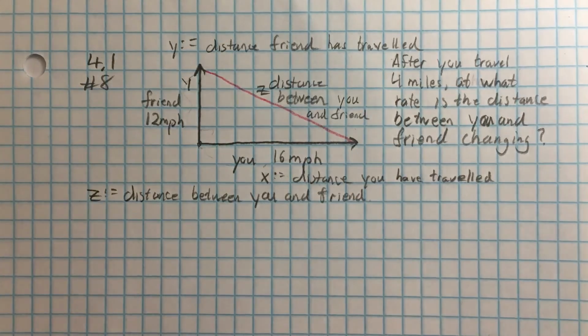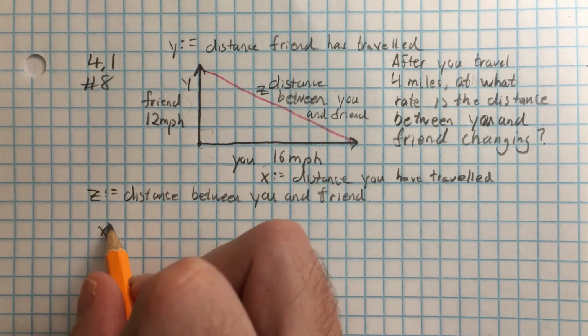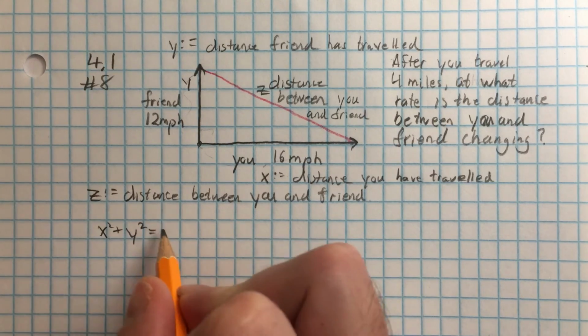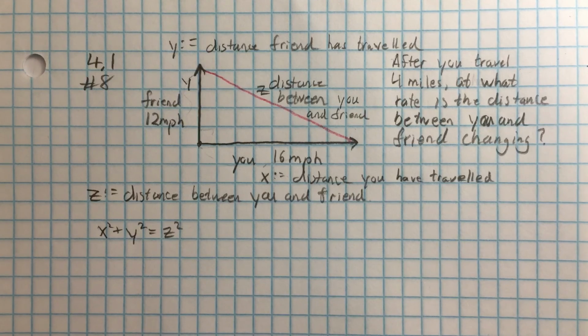All right, given that we have that, it seems pretty clear that x squared plus y squared has to equal z squared according to the Pythagorean theorem. Right? It's not the only relationship necessarily, but it's an extremely important one and used widely in these problems.